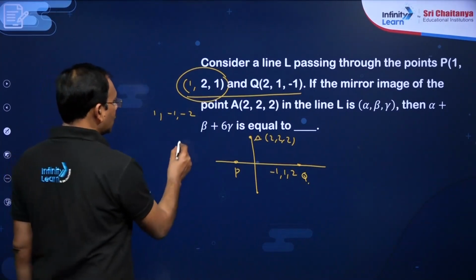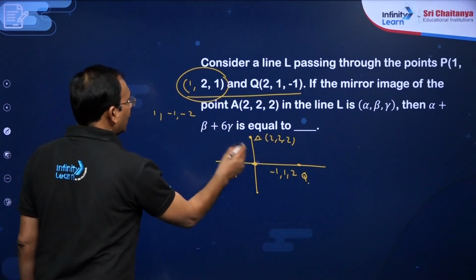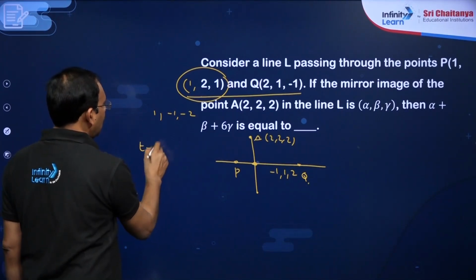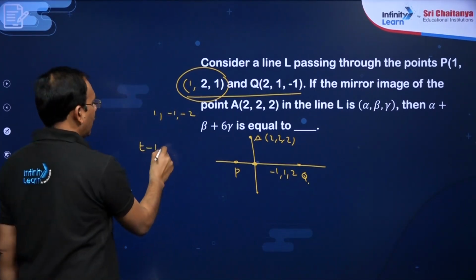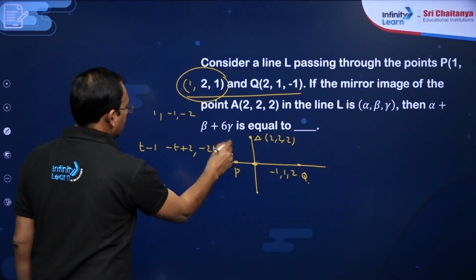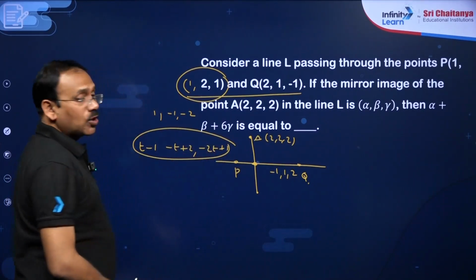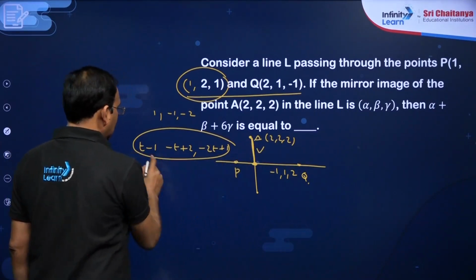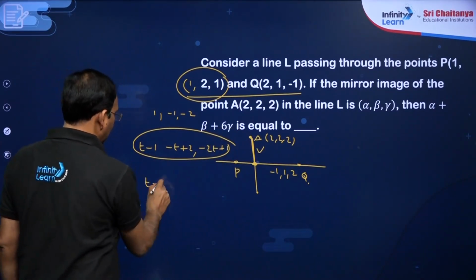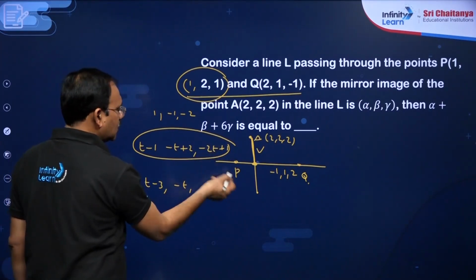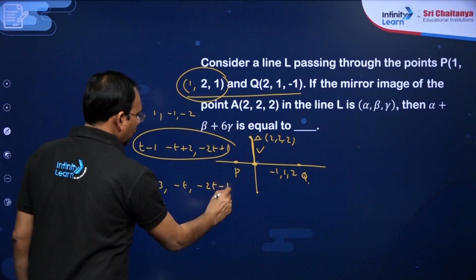Okay. So what about the general point on this line? General point means one point and drs. This you can write t minus 1, a bar plus t b bar: minus t plus 2, minus 2t plus 1. This is going to be the general point here. So now what about the drs of this? This minus 2, t minus 3, this minus 2, minus t, this minus 2, minus 2t minus 1.